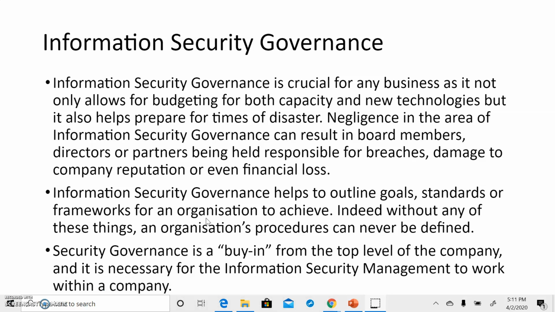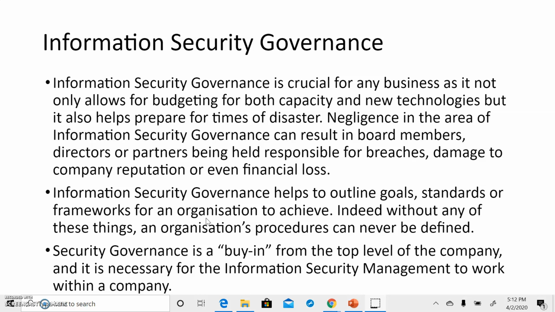If anyone responsible for security governance neglects these things, it is a very big responsibility to not neglect these areas. That means first check the assets, the organizational policy and the master policy, and how we can use our resources properly, and what the capabilities of our new technology are.